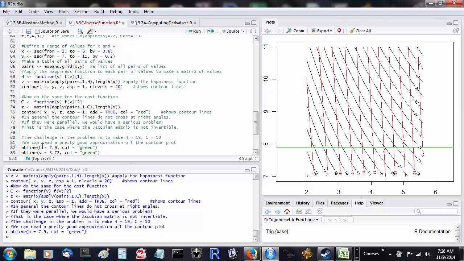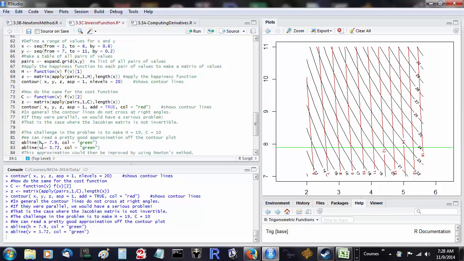If I take 7.9 for y and 3.72 for x, those green lines intersect where the black contour line has the value 19 and the red contour line has the value 10. So this is a way you could solve this pair of equations graphically without using any calculus, multivariable or single variable.